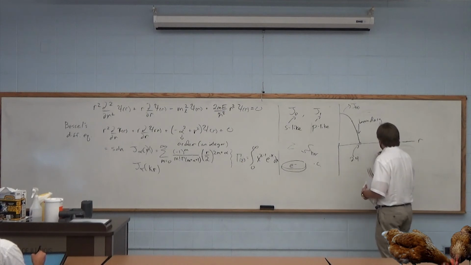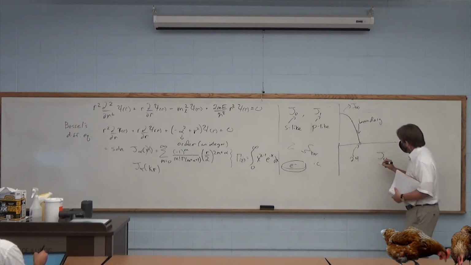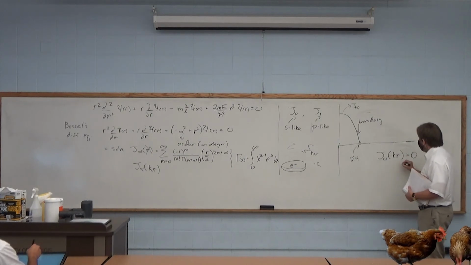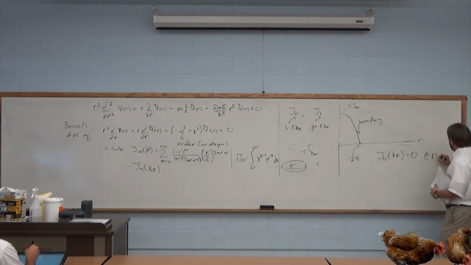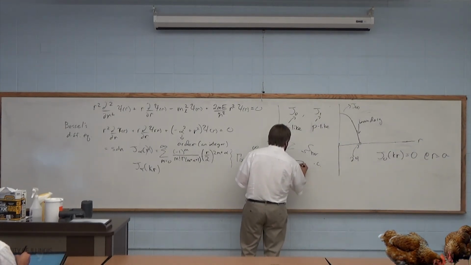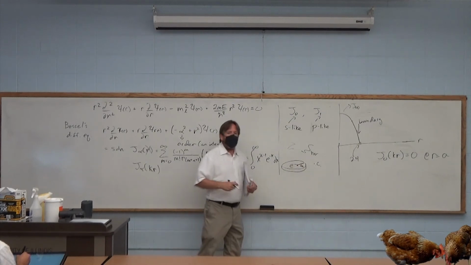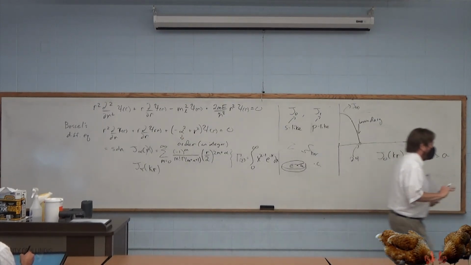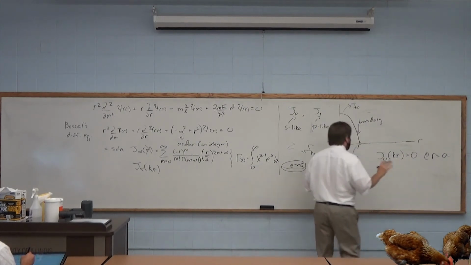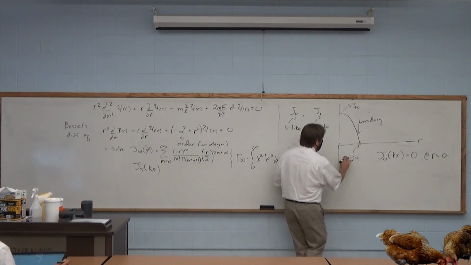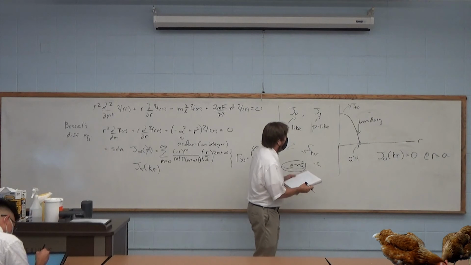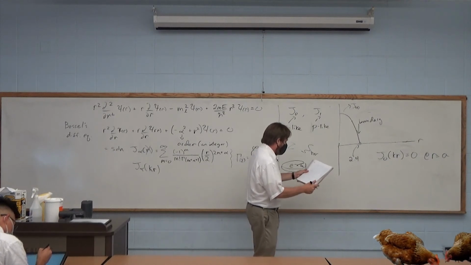Okay. Now here's how this works. For the lowest energy state, you have to have kr equal to 0 at r equals a. Remember, a is the boundary. a is the radius where the thing stops. Now remember how the Bessel function is 0 at 2.4?